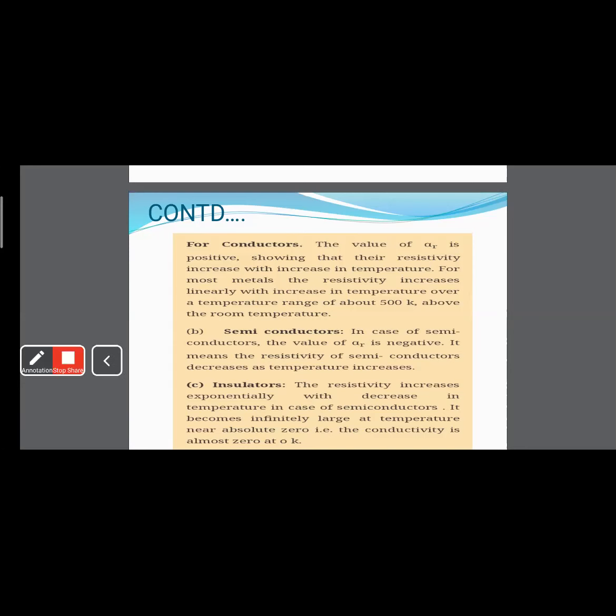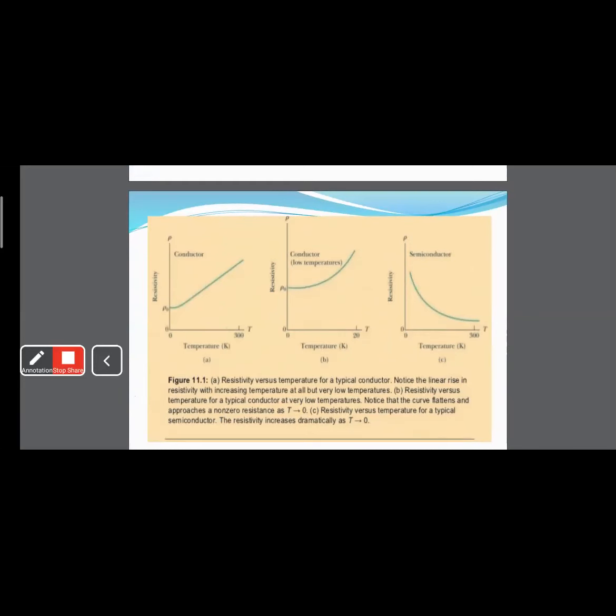Now these are some graphs for conductor and semiconductor. For a conductor, resistivity increases with increase in temperature. And in the graph, for a semiconductor, resistivity decreases with increase in temperature. The first graph shows resistivity versus temperature for a conductor.